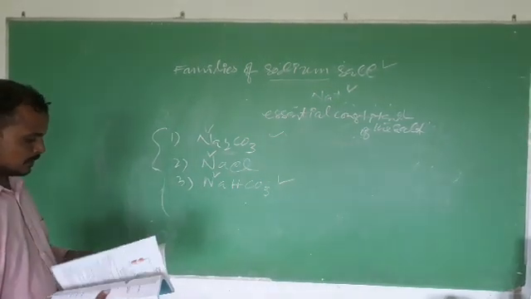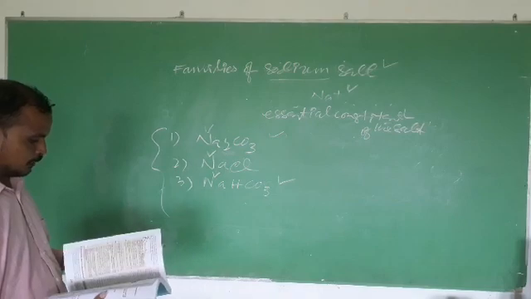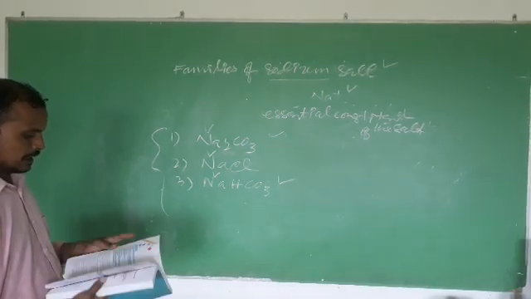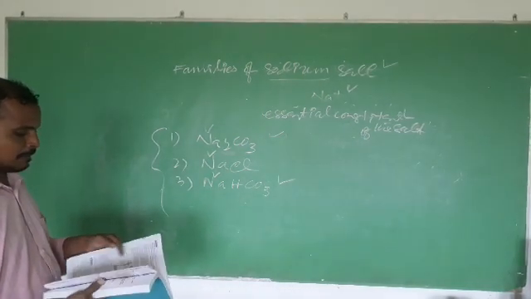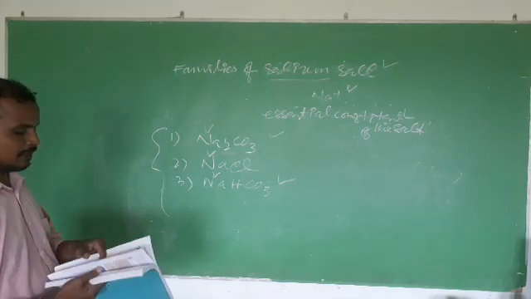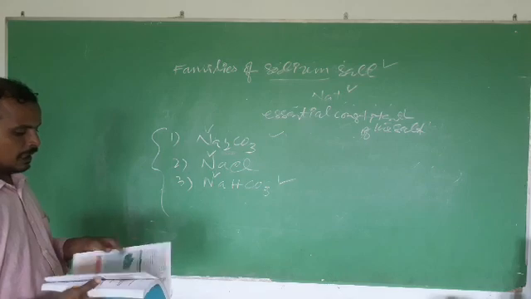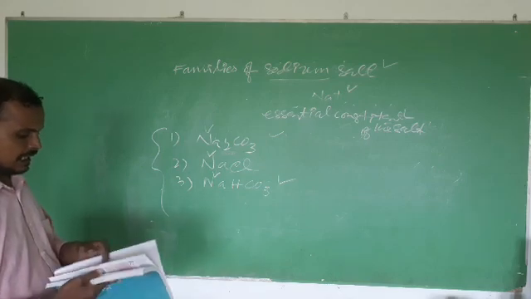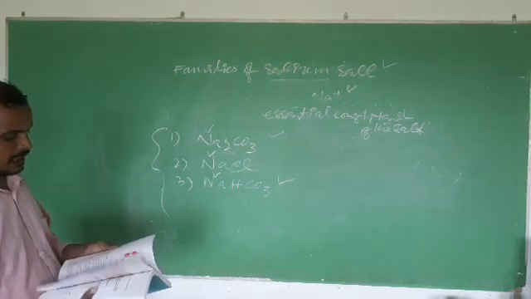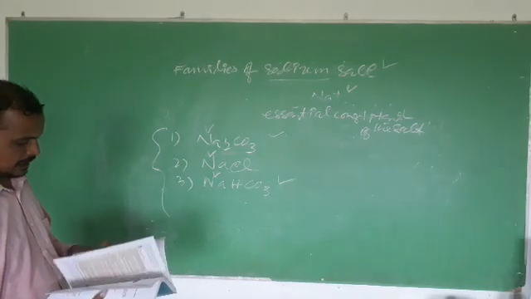Similarly, if you take some other examples, let us take the sulphate family. It means the members of the sulphate family must contain sulphate, SO4 2-, as the essential radical.